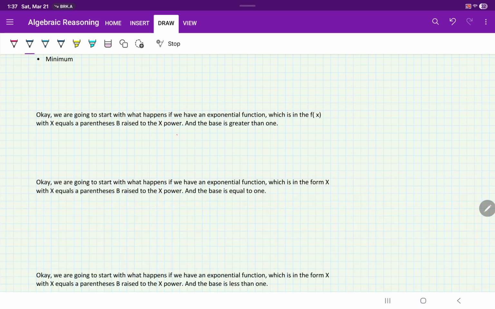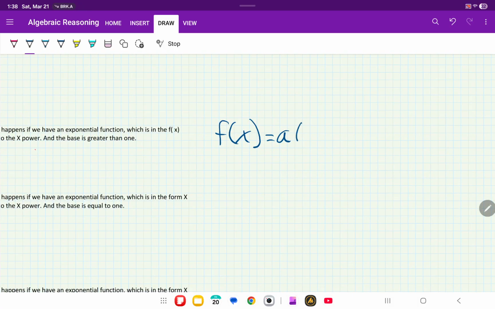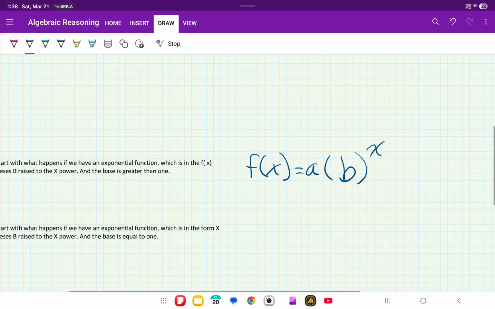What does that look like? We have f of x equals a, parentheses, b raised to the x power. Now we're going to look at some of our vocabulary.